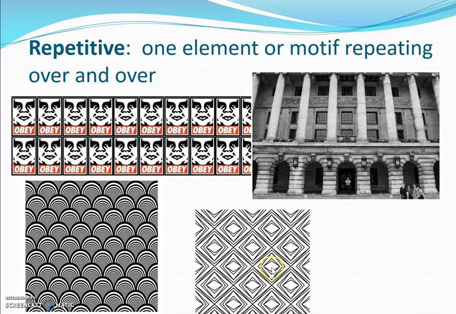And then we've got a very, very gradual change from this diamond to the outer diamond within that motif, so that part would be progressive. This is very repetitive, and again repetitive with the columns. So the arches are one motif repeated, and the columns are another motif that's repeated.